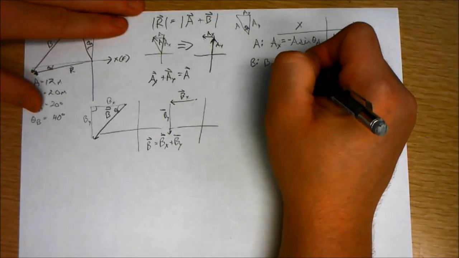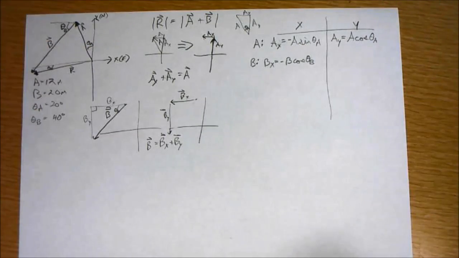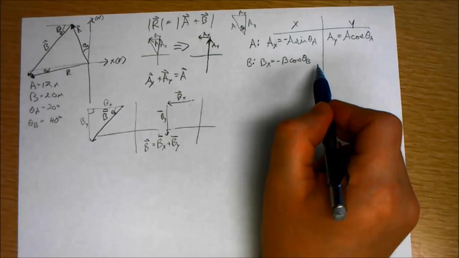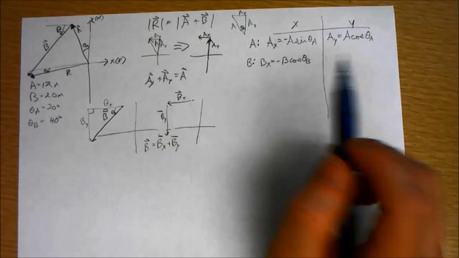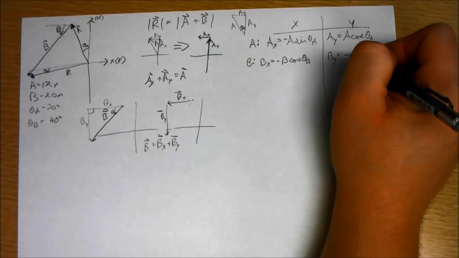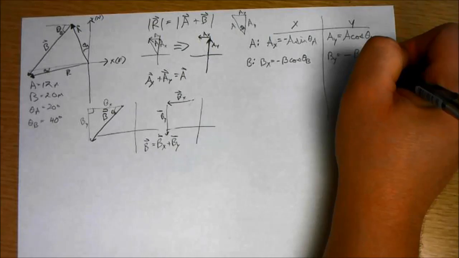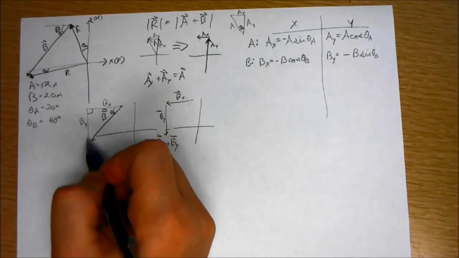I have to put theta B there to distinguish it. It's a different angle, so it needs a different symbol. BY, on the other hand, is negative B sine theta B, because it's going downward.